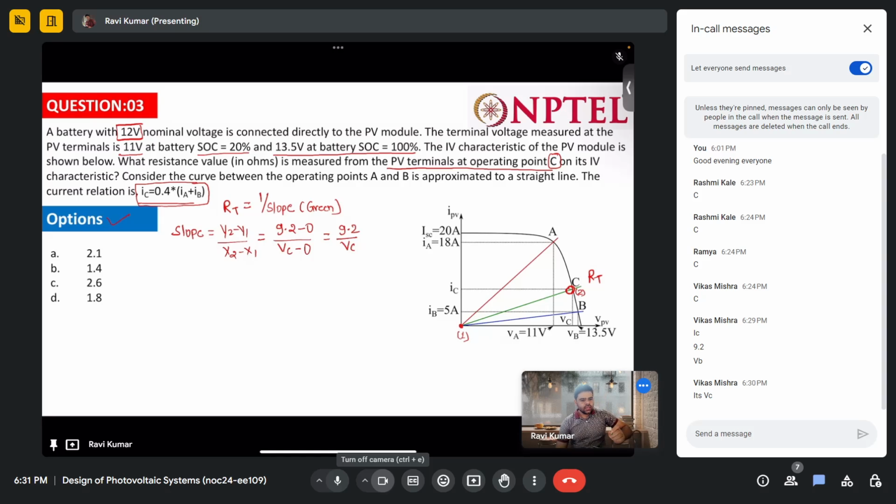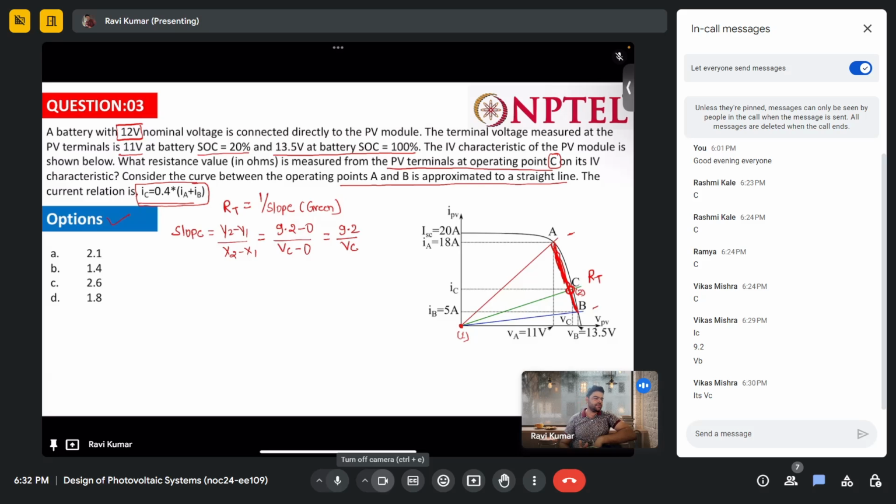See, it is clearly given: consider the curve between the operating points A and B to be approximately a straight line. So if I say this is a straight line, like this, from here to here, can you get the entire slope from here to here?